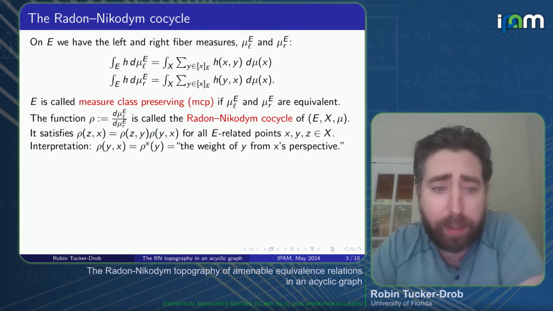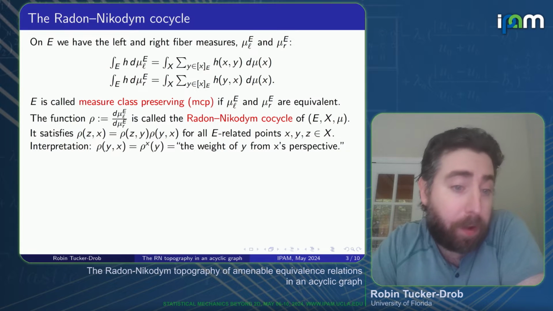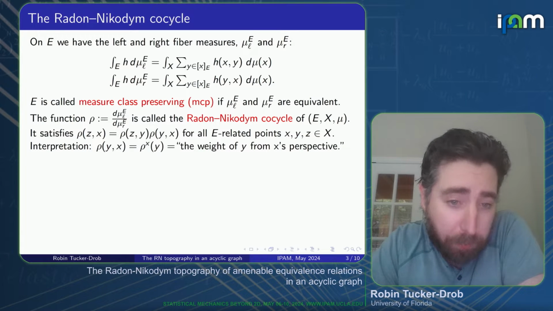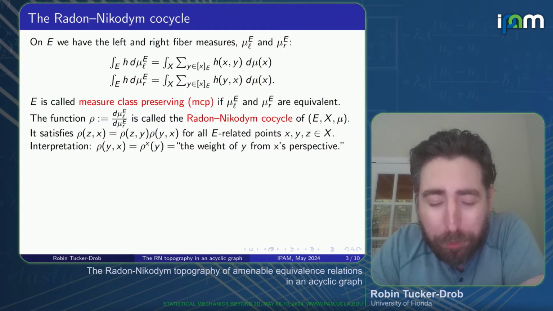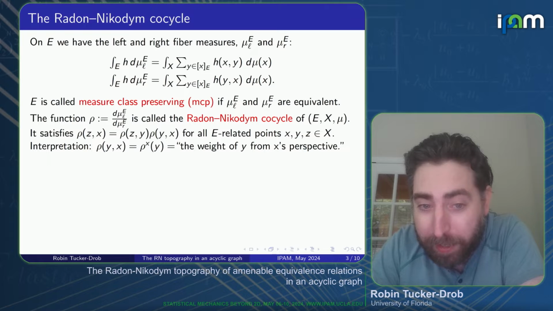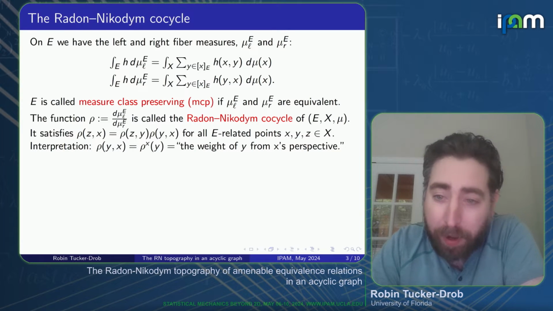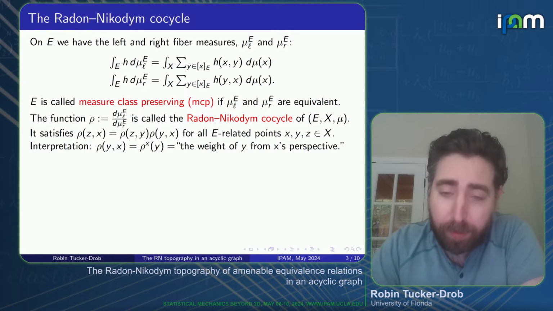The interpretation is that rho of yx, which I will denote with rho superscript x of y, just so that you don't have to remember which coordinate is taking precedence, is really the weight of y from x's perspective.